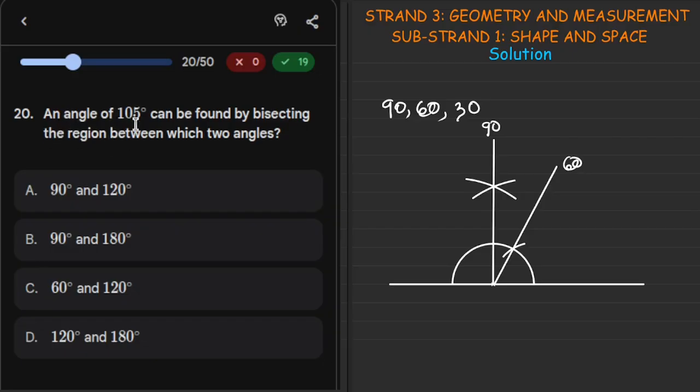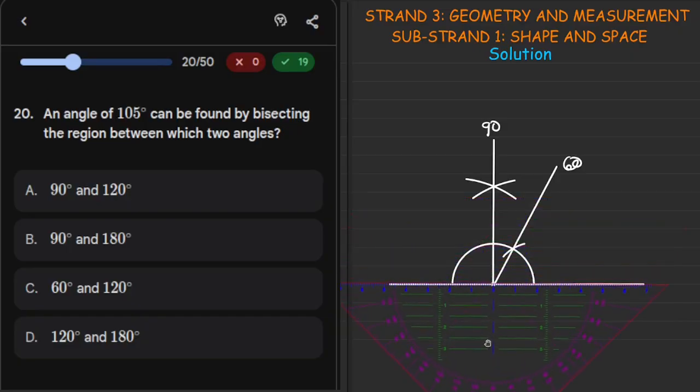So looking at question 20 as well, it says an angle 105 can be found by bisecting the region between which two parts. Now take note, these same angles we have over here, that is the 90 and then the 60, depending on the calibration of our compass, they can also be 90 and then a 120.